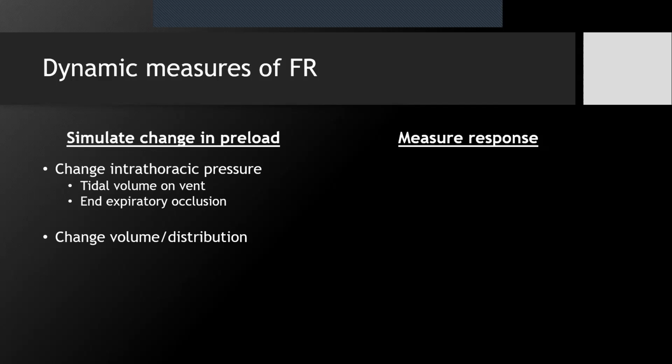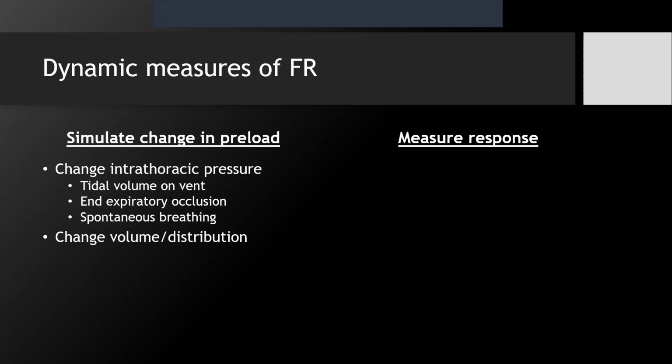So an end expiratory pause, like you're checking for auto PEEP, and just using that to simulate the change in preload compared to what happened previously. And then you have spontaneous breathing, where you have patients who are not on a ventilator, but just as they breathe in, they decrease intrathoracic pressure, and as they exhale, it increases. And these changes in intrathoracic pressure can correlate with a change in preload.